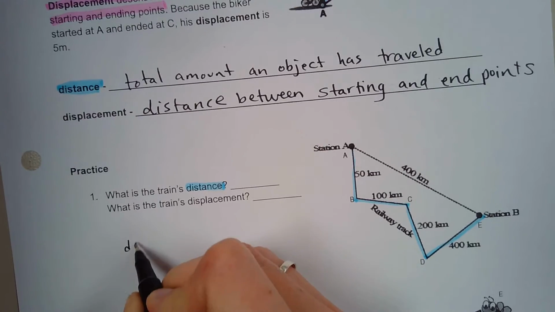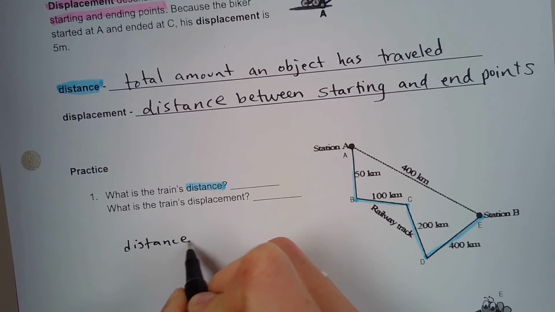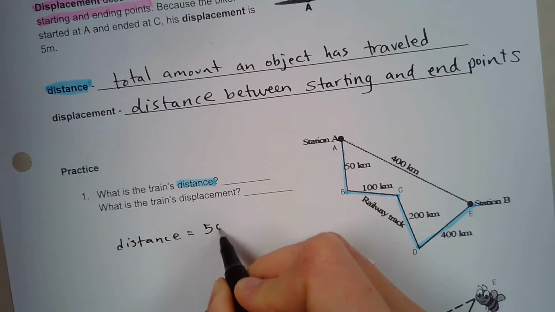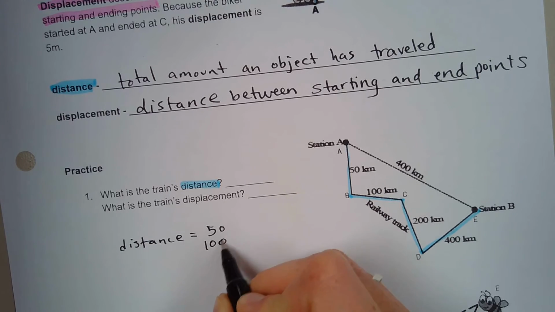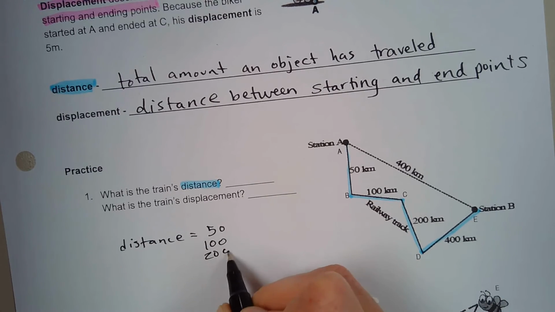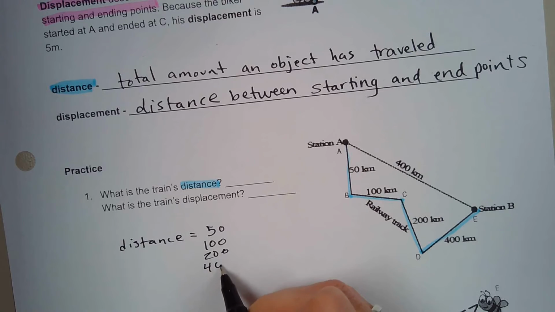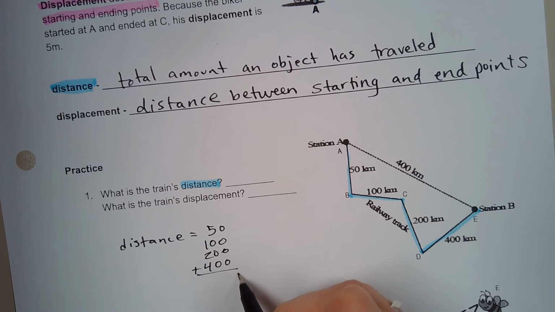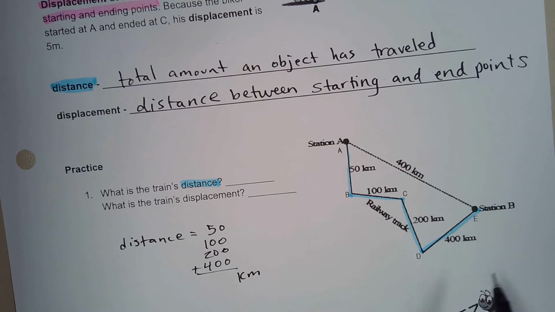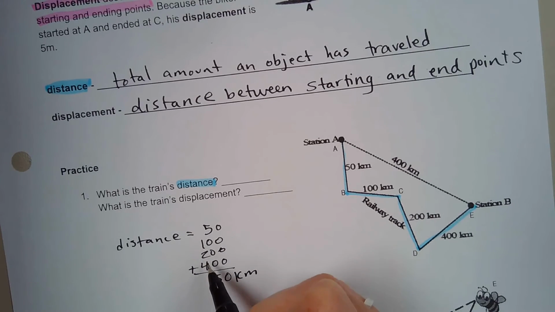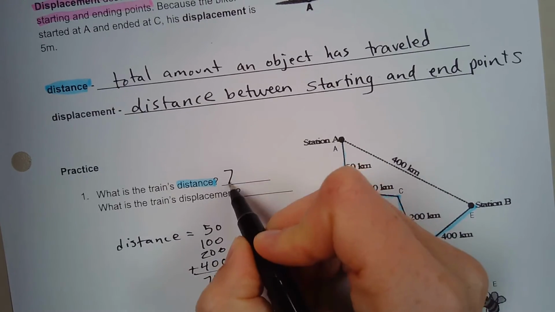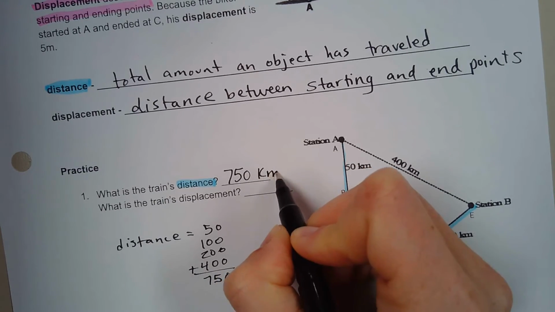So distance is 50 kilometers plus 100 kilometers plus 200 kilometers plus 400 kilometers. And so if you add those numbers together, that's 750 kilometers.